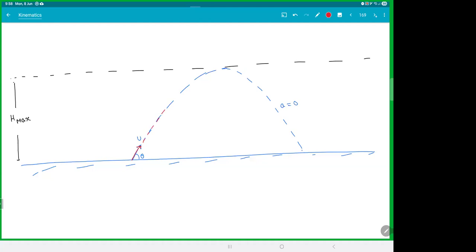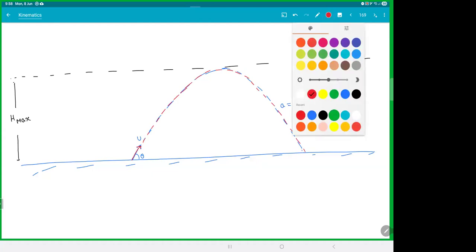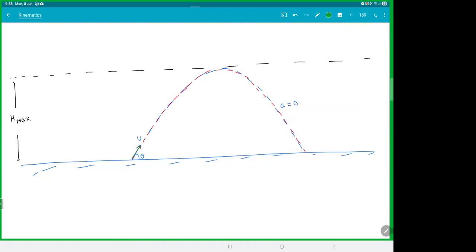Maybe I can draw in red. So this would be a regular problem. Let's say you give some acceleration in the forward direction. This time you will go further forward, but remember you will again just graze this black line. You will not cross this. This is the case where AX is positive. So AX is greater than 0, meaning the wind is blowing forward.